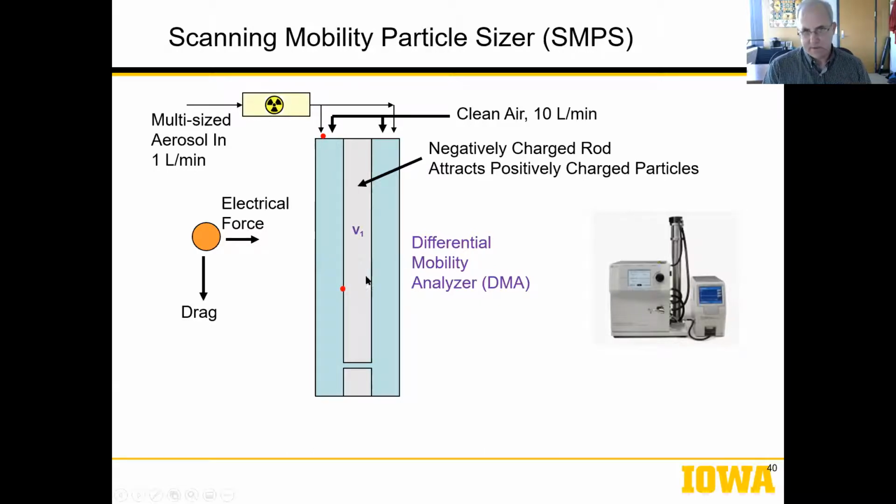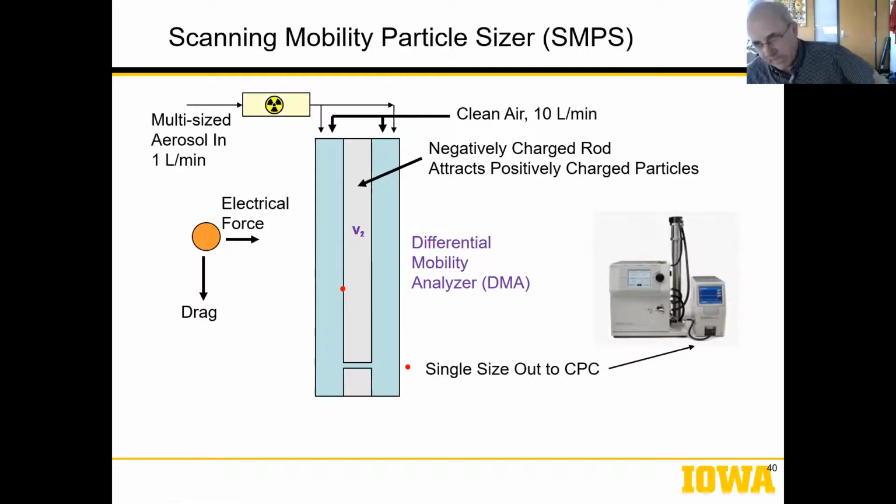It's just going to be caught up on this rod. But another size is going to make it, and for a perfect voltage, it's going to spit out just 1 size only. So it can take multi-sized aerosol going in and spit out 1 size. Then the single size goes out to a counter. This counts the particles. So this device sizes and separates them, and the counter counts them. And then you can just start chunking through a distribution.